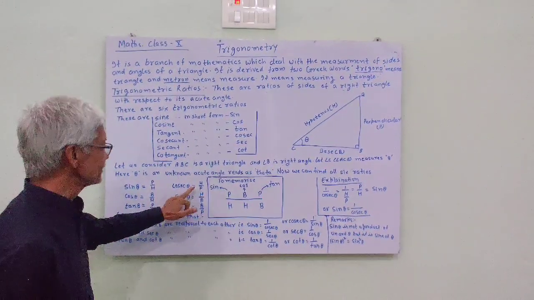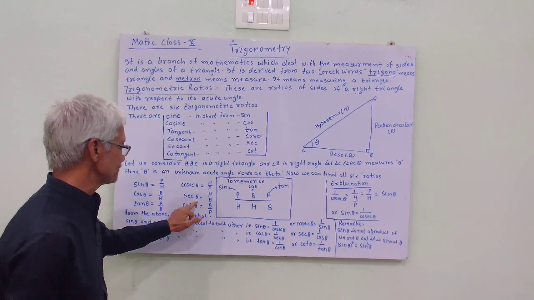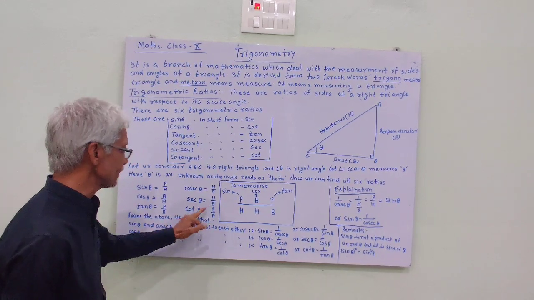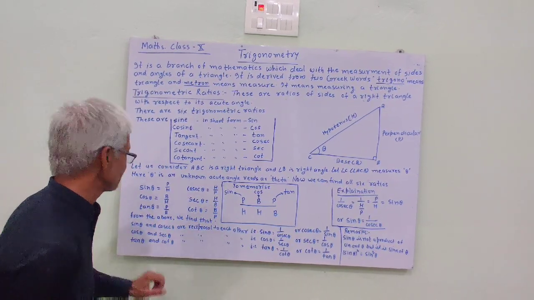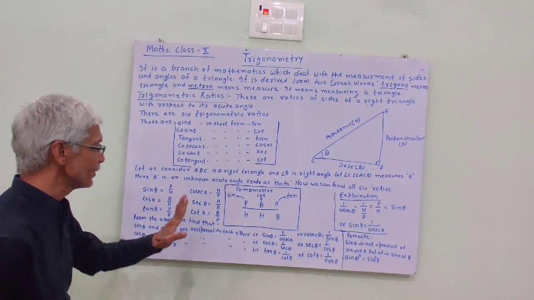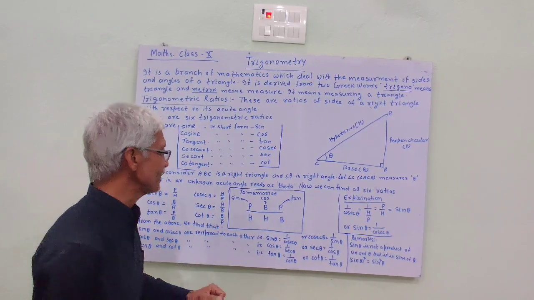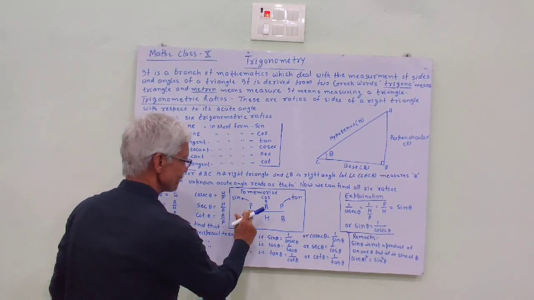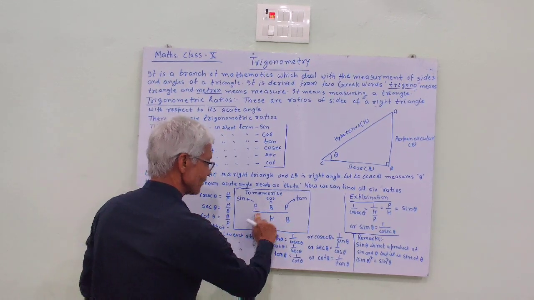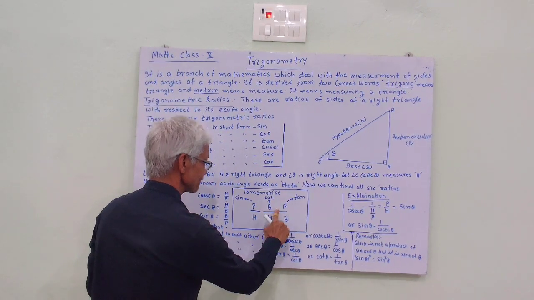Similarly, cosec theta is H upon P, means hypotenuse upon perpendicular. Sec theta is hypotenuse upon base, and cot theta is base upon perpendicular. These are the six trigonometric ratios. For the sake of convenience and to remember easily, first of all you write P B P divided by below H H B. Now you divide this.